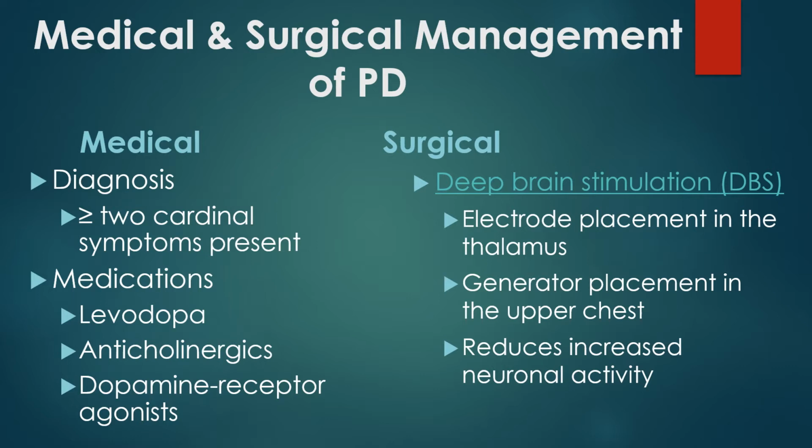This generator provides electrical impulses to a part of the brain involved in motor function. Deep brain stimulation, or DBS, has a risk of infection, stroke, bleeding, or seizures, and can reduce clarity of speech.